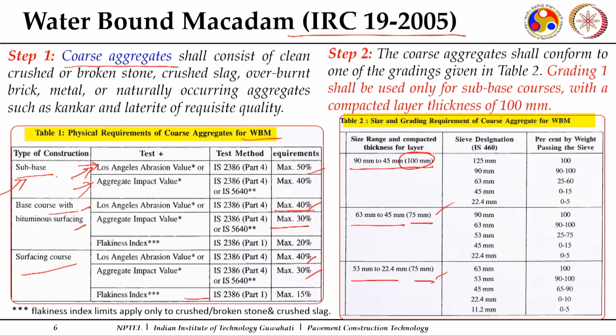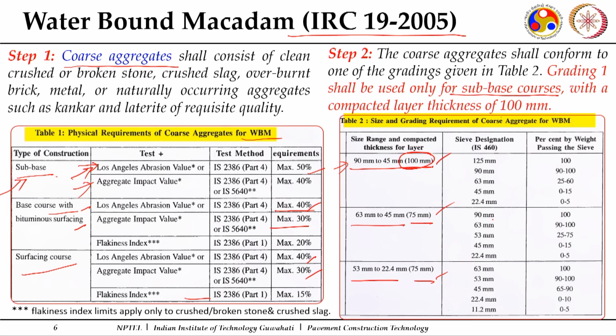Specifically when it is used as a base course, this applies. The layer thickness of 100 mm with coarser size aggregates is specifically when the waterbound macadam is used as a sub-base course. Then we go for this 90 to 45 mm aggregate size.